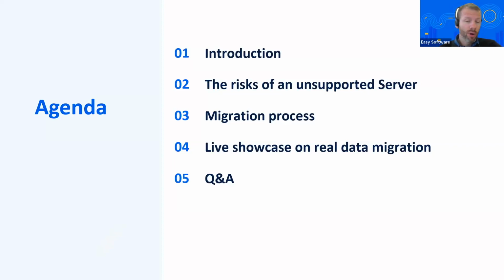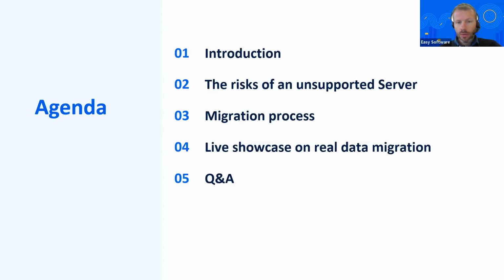The most exciting part will be a live demo, where my colleague will show you how the migration works in reality. At the end there will be a place for your questions, so feel free to use the chat, and we will reply at the end.